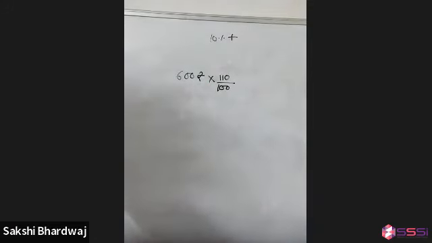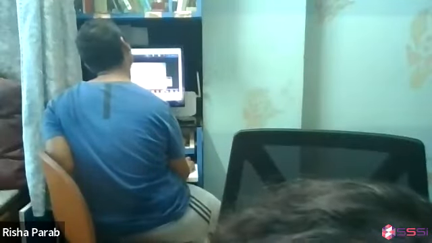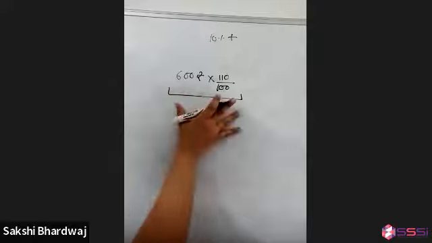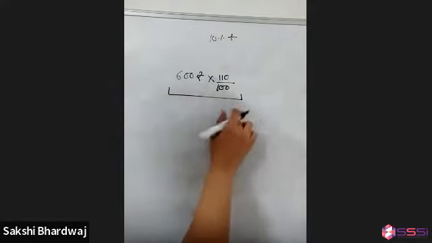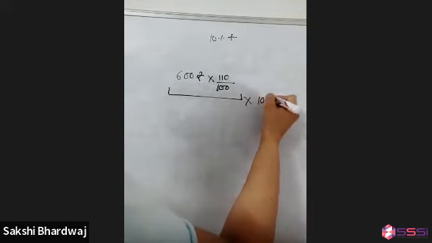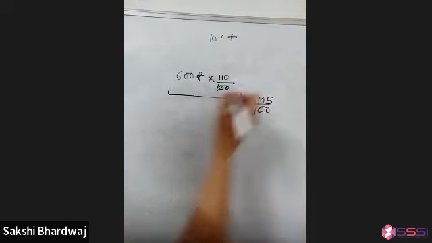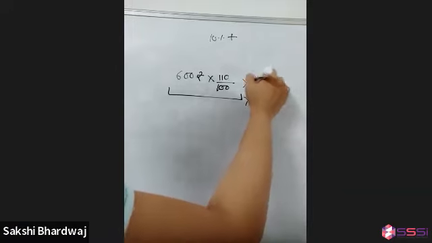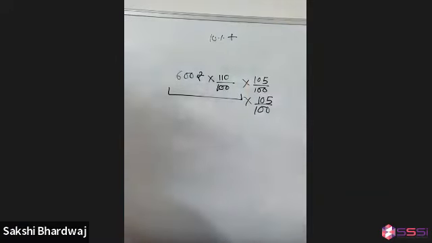Now, Vikas sells it to Chandan for 5% profit. So 100, 5% is 105 upon 100. It is 5% of this amount, that means this whole multiplied with 5% profit, that means 105 upon 100.